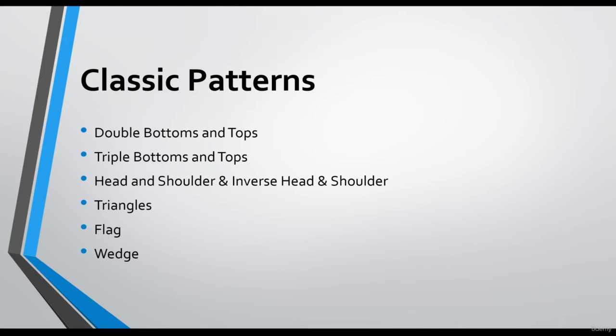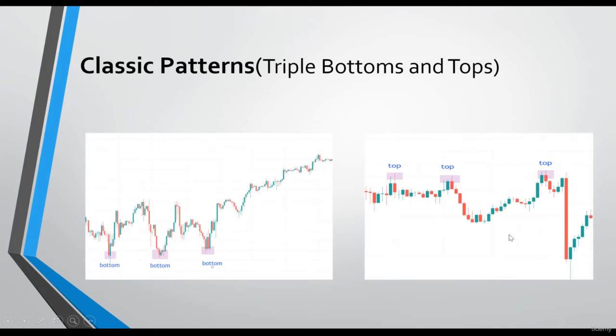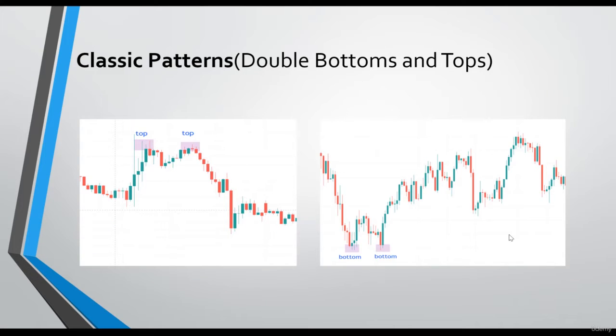Take a look at the other page that I have prepared for you. The first one I want to talk about is double bottoms and double tops. All right, in the picture on the left, you can see we have two tops, and you can see that this price is a kind of resistance.